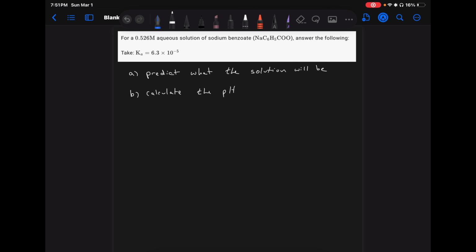So here we have NaC6H5COO, and this will just become Na+ ions and C6H5COO- ions. From this we can deduce that Na comes from the strong base NaOH.